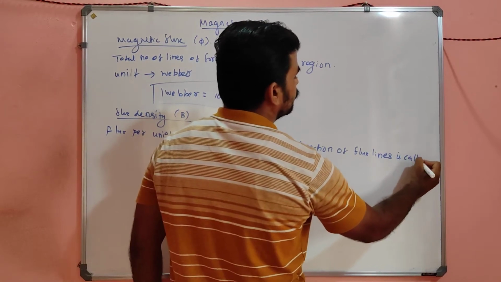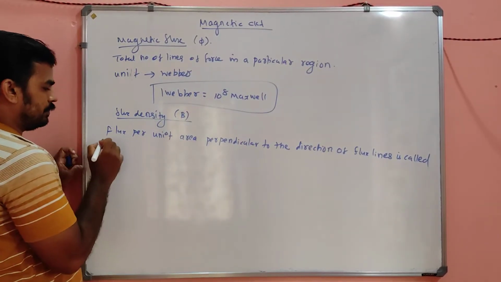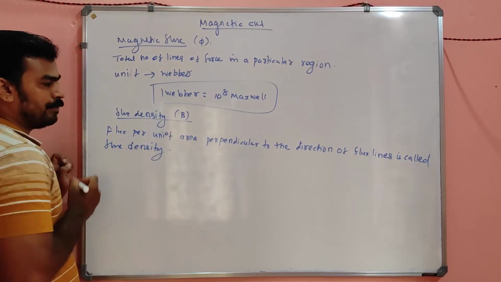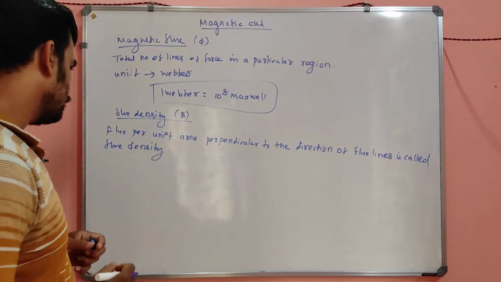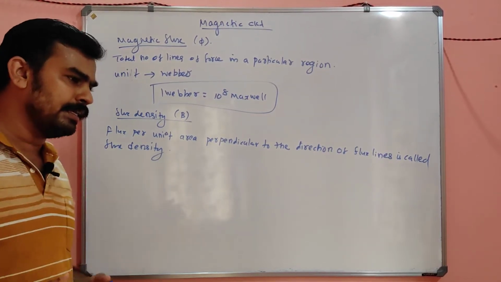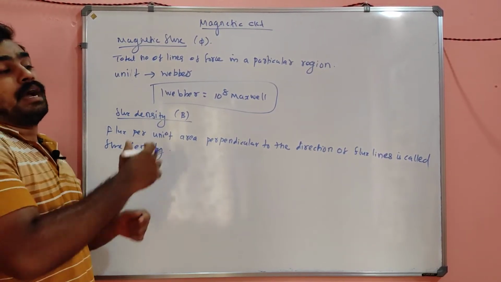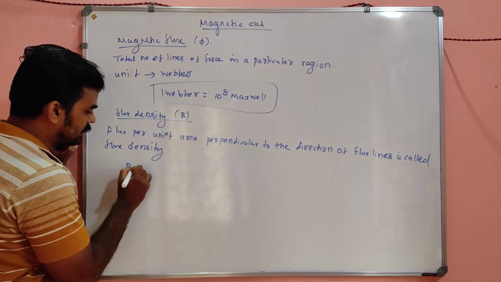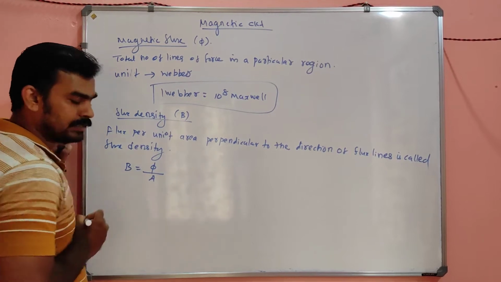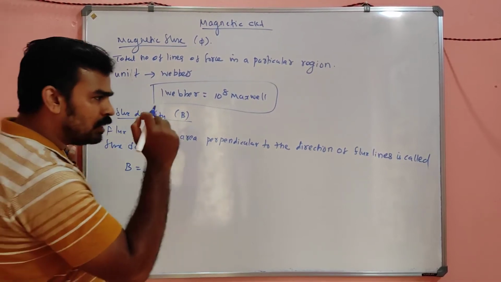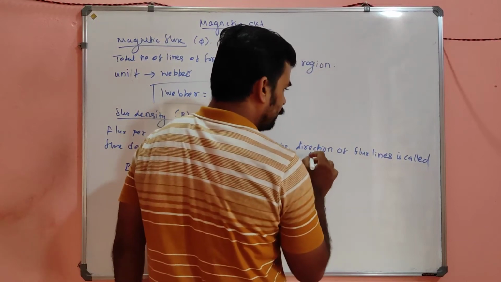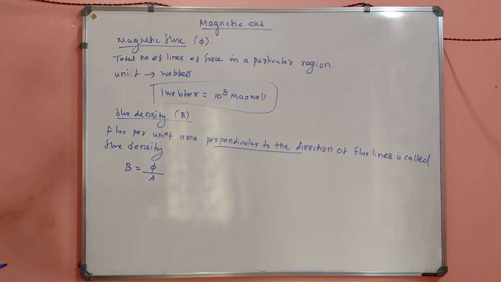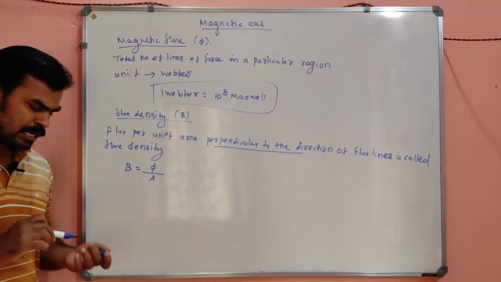Normally, if you ask someone what flux density means, they say B is equal to phi by A. But you have to add one more line, then only this is exactly correct. That line is perpendicular to the direction of flux line.